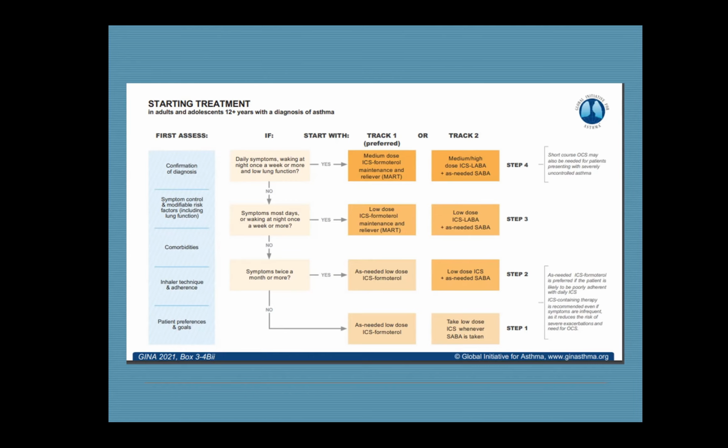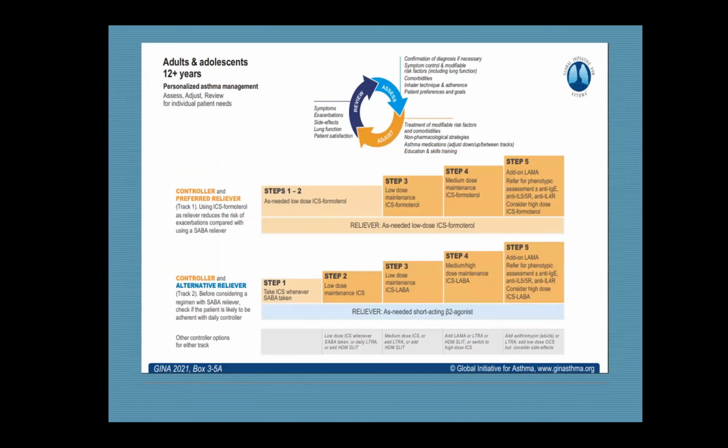Okay, so next slide. So here you'll see this sheet from the GINA guidelines. And again, they always emphasize making sure that they have good technique, that they don't have the mice, the roaches, the mold, that other things are being addressed. So confirm that you have a holistic approach to addressing the modifiable features.